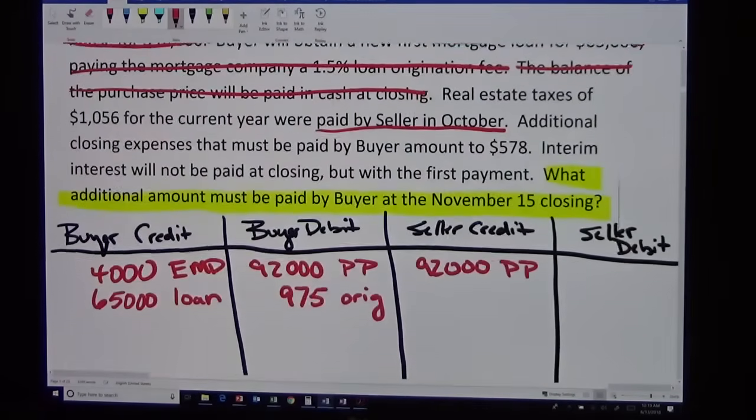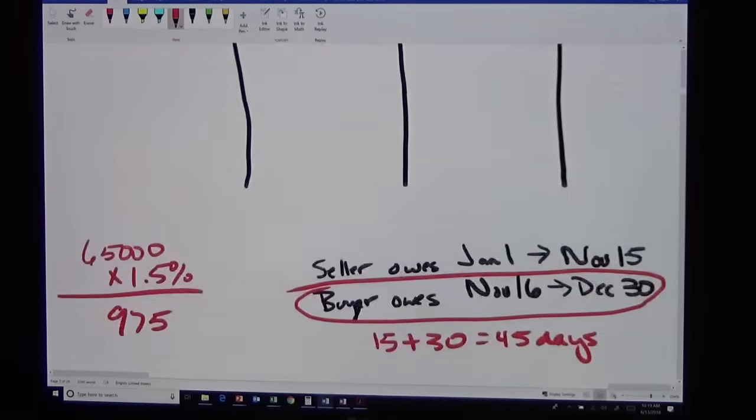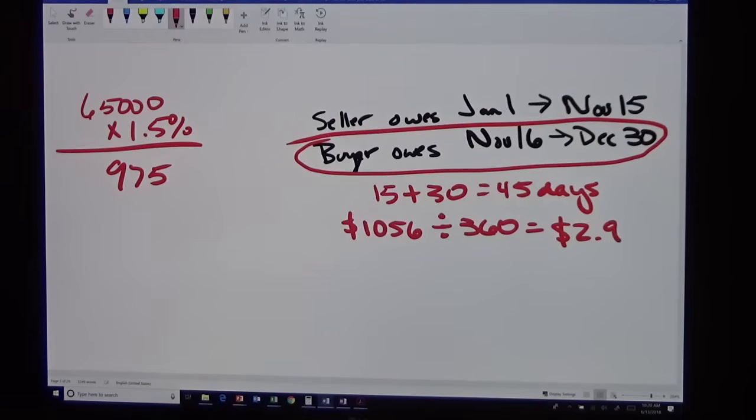They tell us that the taxes are $1,056 for the current year. So $1,056 in taxes divided by 360 days in the year. That'll give us our daily rate. 1,056 divided by 360. And that means our taxes are $2.93.